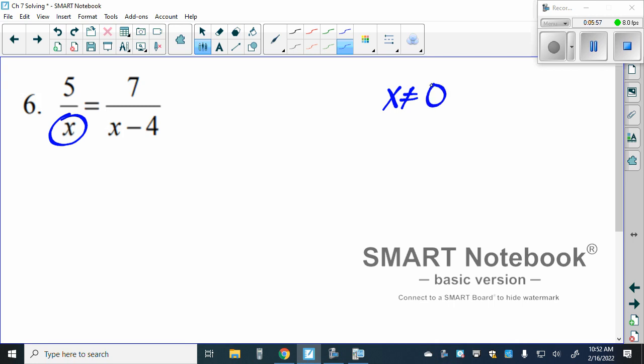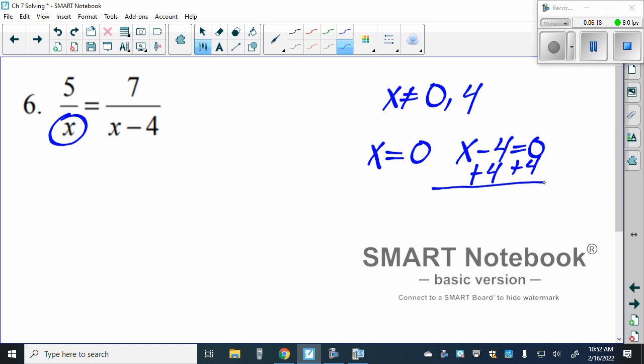Because if I wanted to, I could set that equal to 0 and then solve for the value of x. Okay, it's already by itself. So x is 0. Our other one that we have is x minus 4. Well, that would be 4. And we could set that up as x minus 4 is equal to 0.